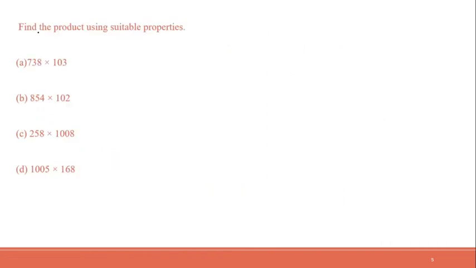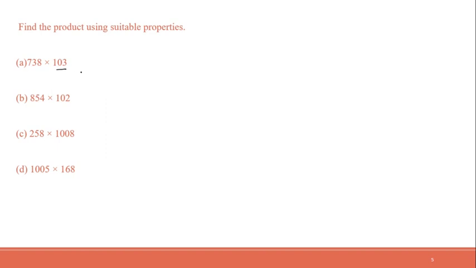Here it is written: find the product using suitable properties. So what is suitable here? We will just apply the distributivity property, because here 738 is multiplied with 103.